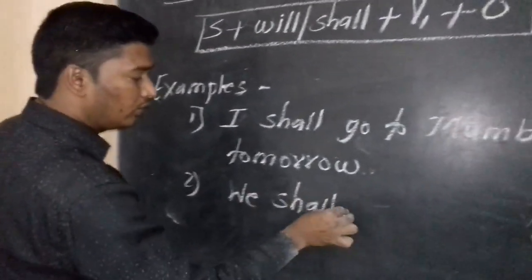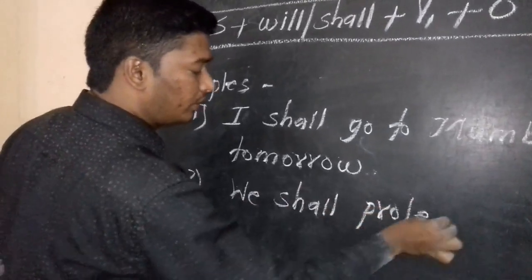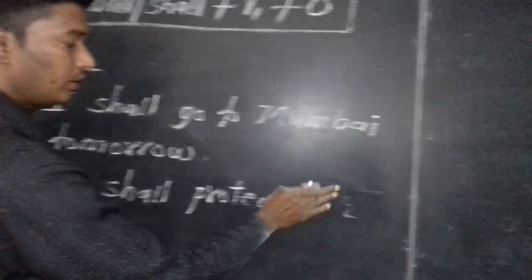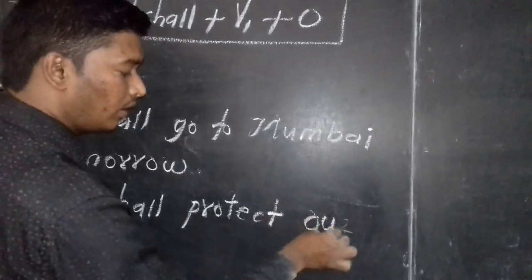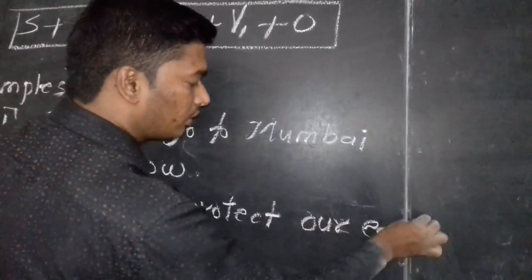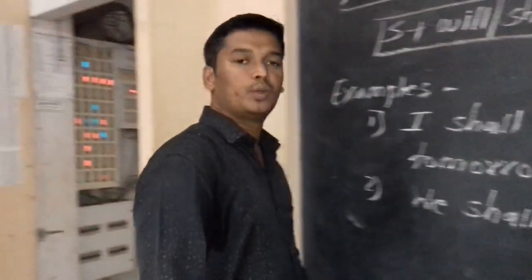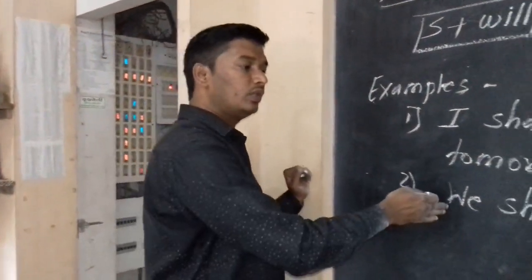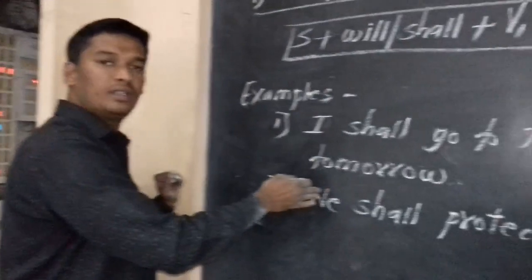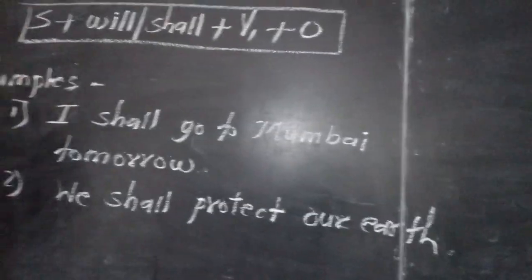We shall protect our earth. Look, these are examples of simple future tense.